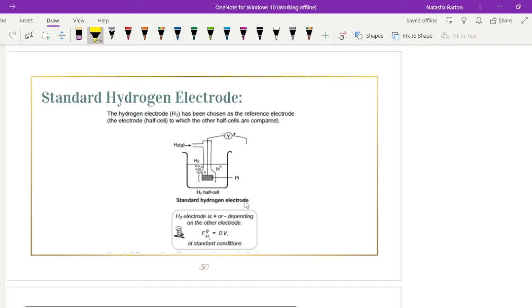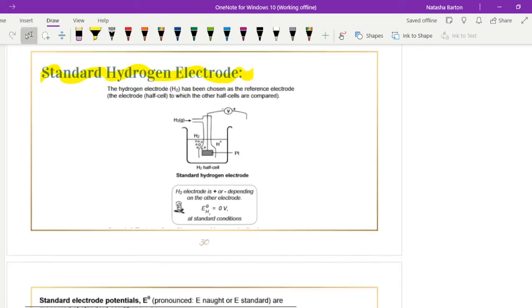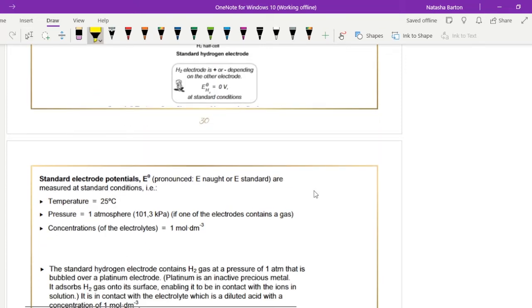Right now, I want to focus on the standard hydrogen electrode. Let's start off with the word standard. The word standard basically refers to standard conditions. You may remember in quantitative aspects of chemical change, we spoke about STP, standard temperature and pressure.